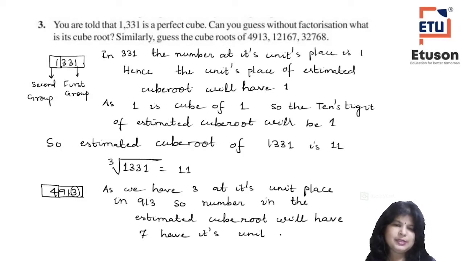Why? Because 7 cube is 343, so 3 at its unit place means you will have 7.